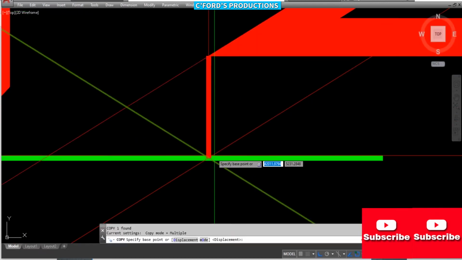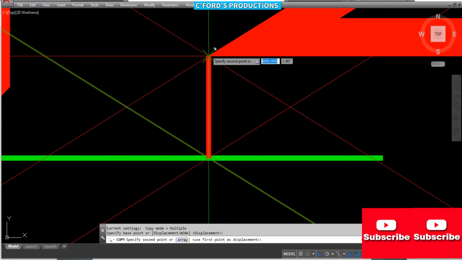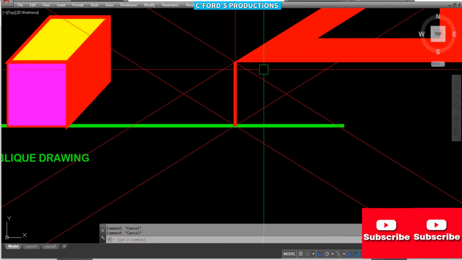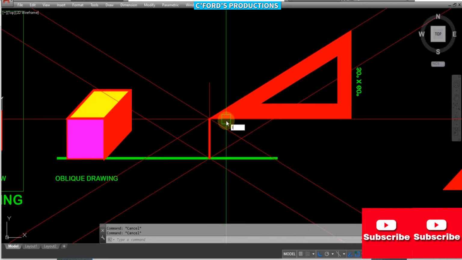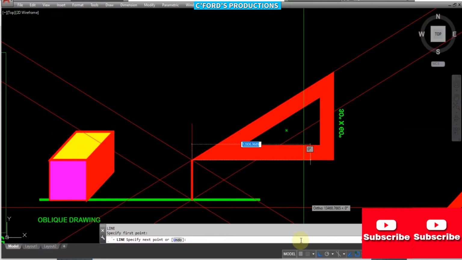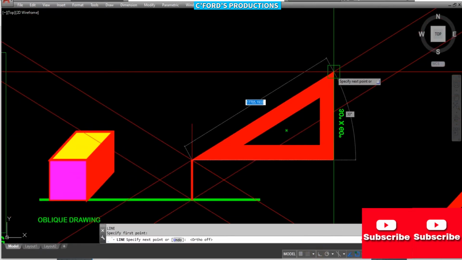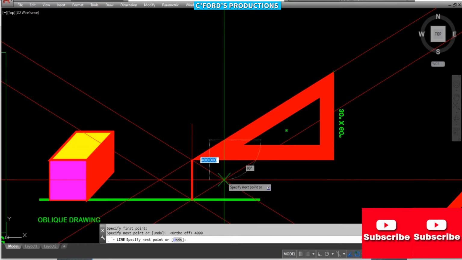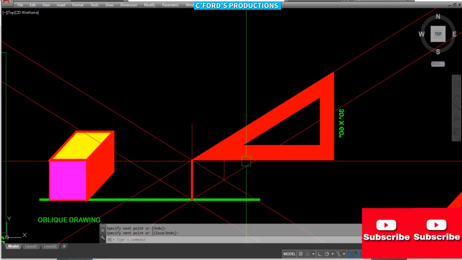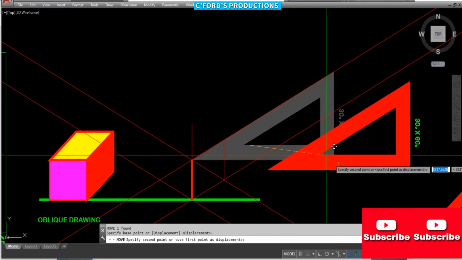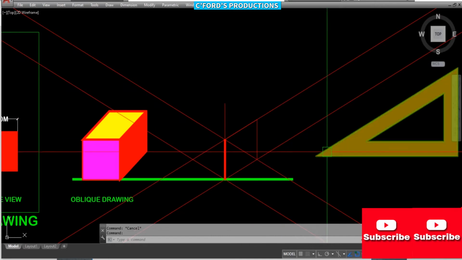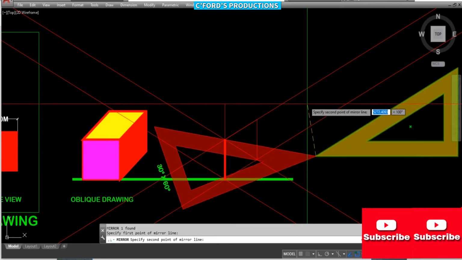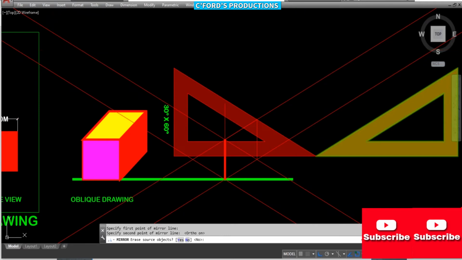So both sides. So next is we'll create another line. So the dimension is 4 meter. Okay, this one. And also the right side.